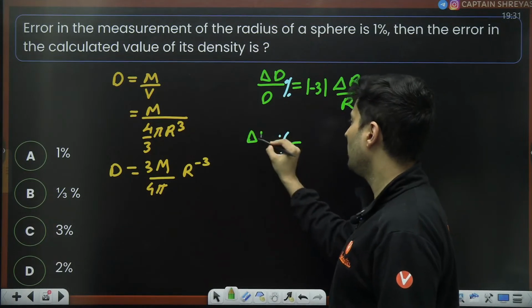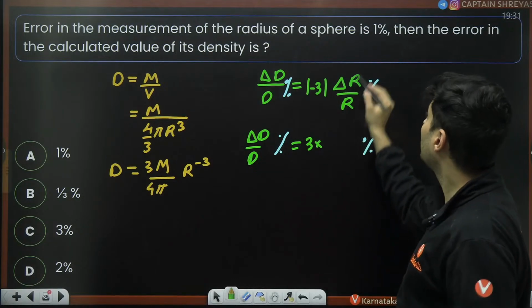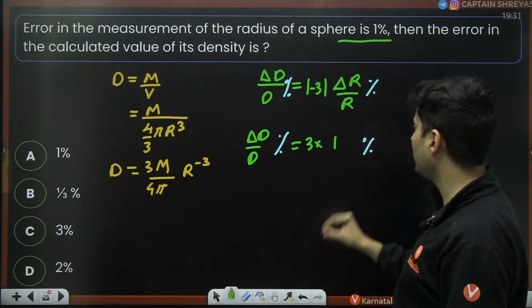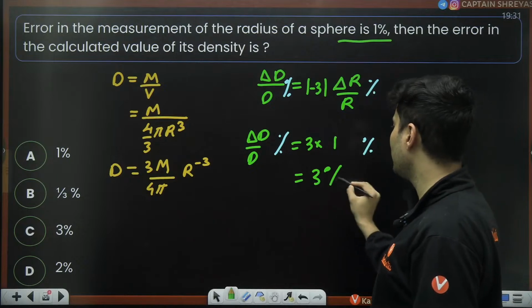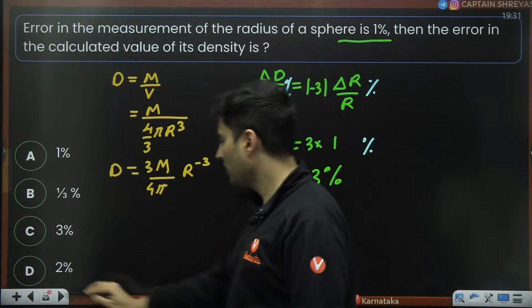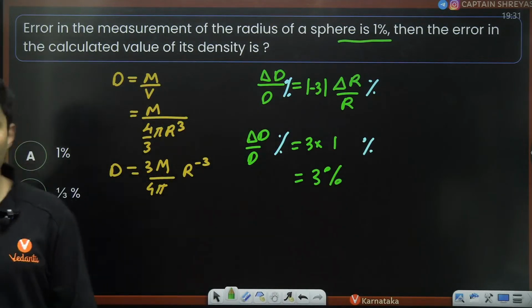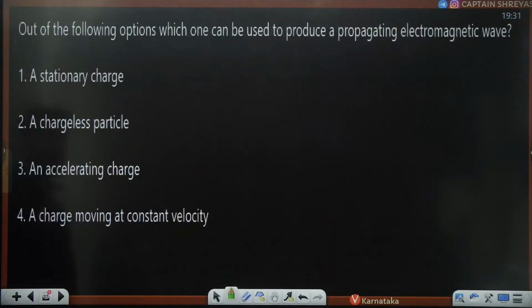So the percentage error in density will be 3 times R's error of 1%. So 3 into 1 is basically 3%. The answer will be option C, which is 3%. Perfect. The concept of errors.